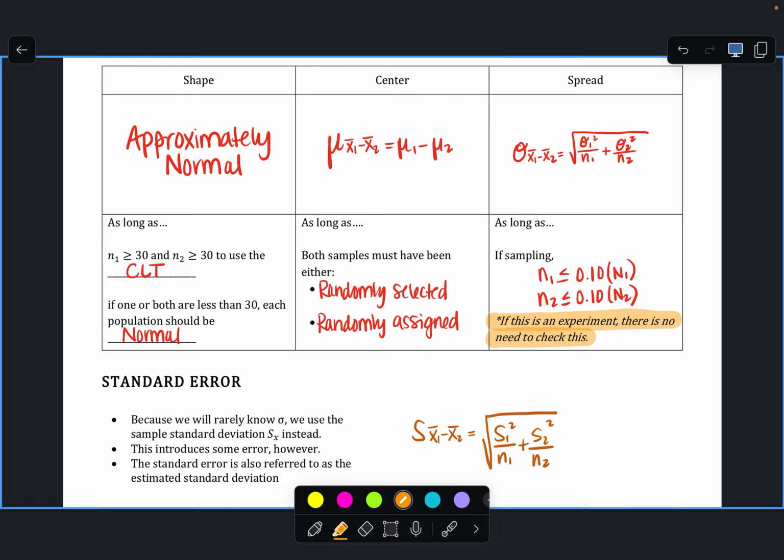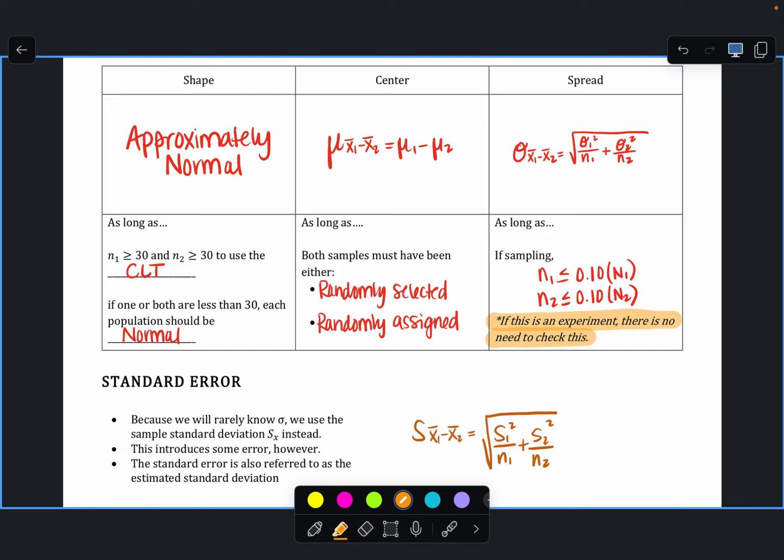Oftentimes, we will just say, because we are dealing with volunteers and we are not randomly selecting from the population, we're going to assume that they are independent, because usually picking a volunteer, you say you want certain criteria, but you cannot guarantee that the volunteer meets the criteria that you need. So usually we just say they're independent in the phrasing, which we'll do today.